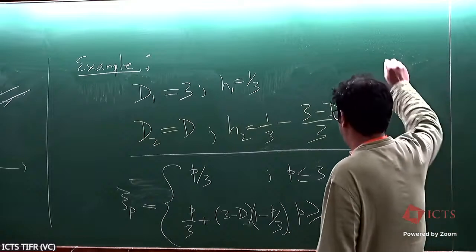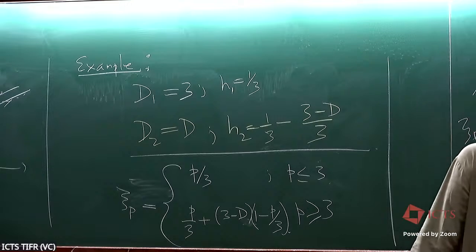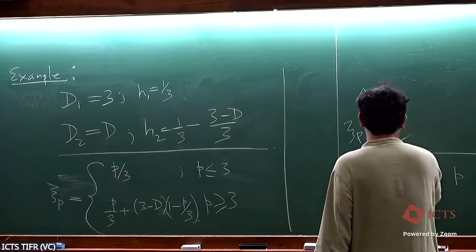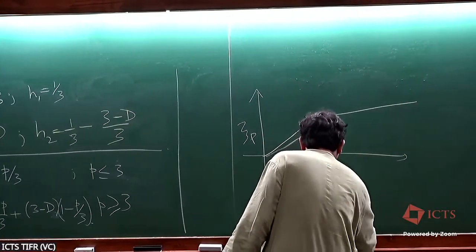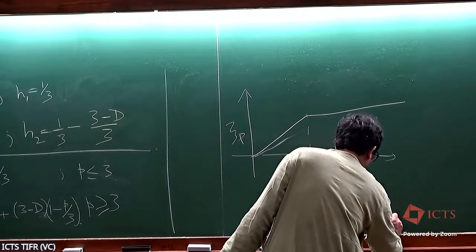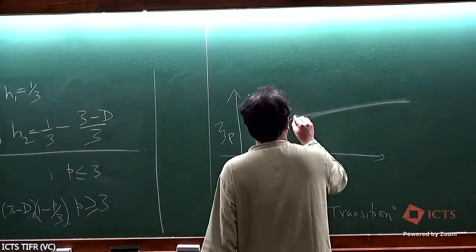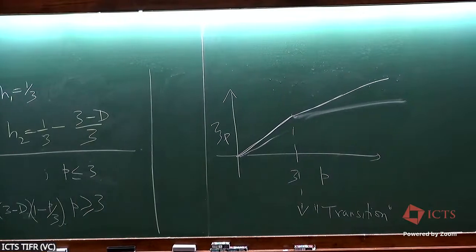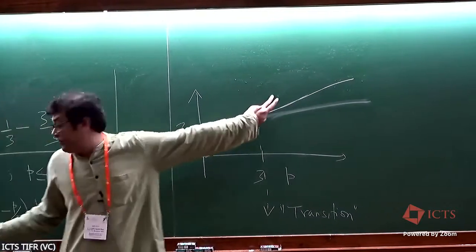And if you plot this, then what you'll end up getting is this, where this is the p by 3 line, and the other follows this expression.